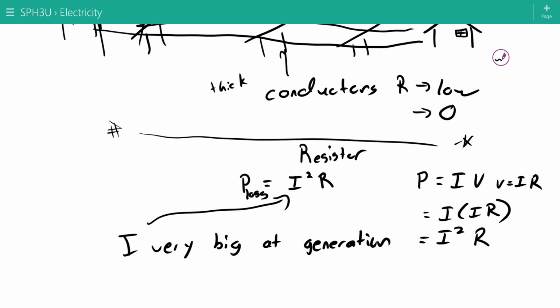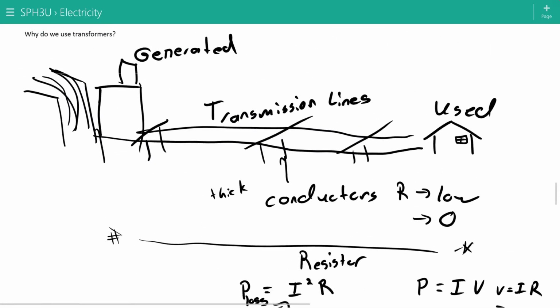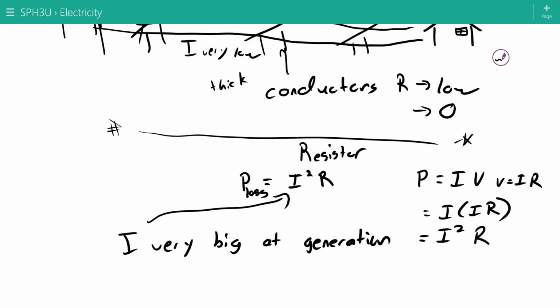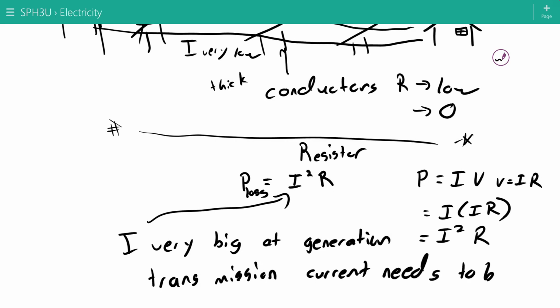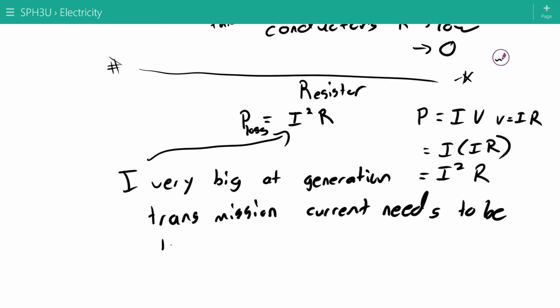So that's bad. What we need to do is, regardless of how we generate the power, when we're transmitting it from one place to the other, we want to make sure the current is very low, to avoid the loss that would happen here in transmission.